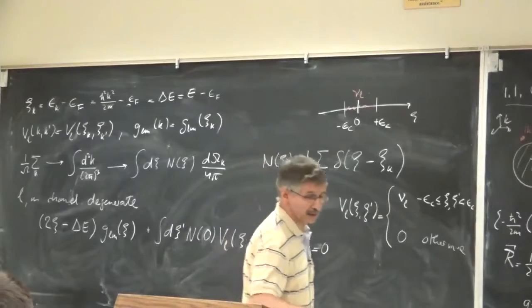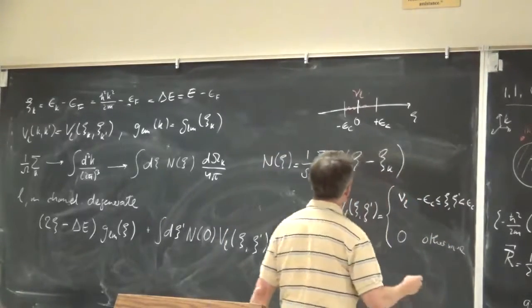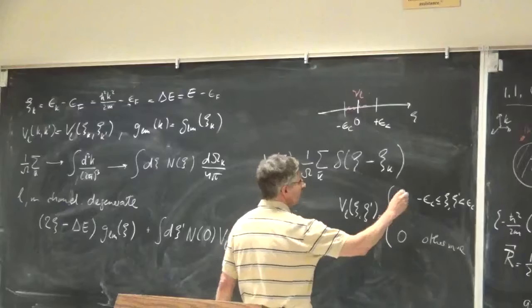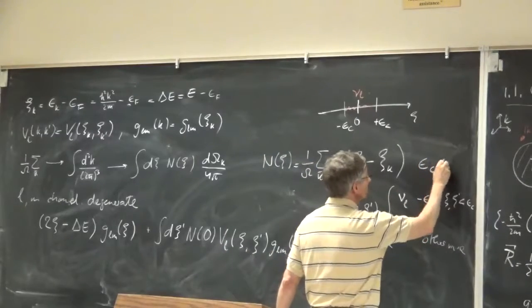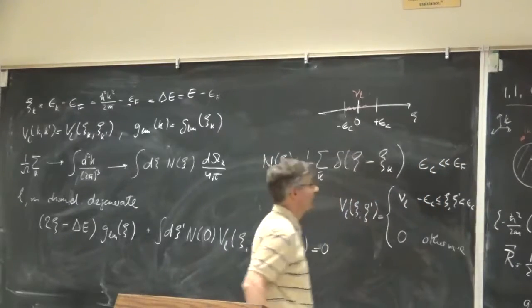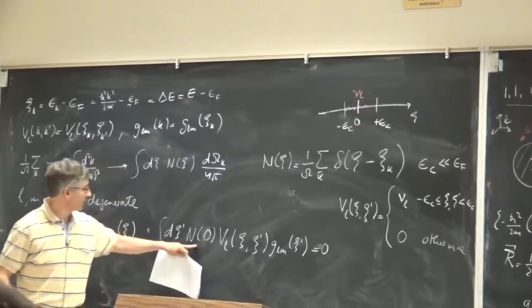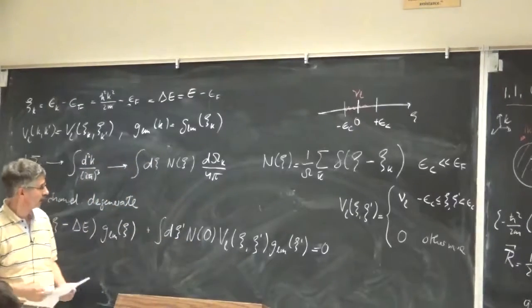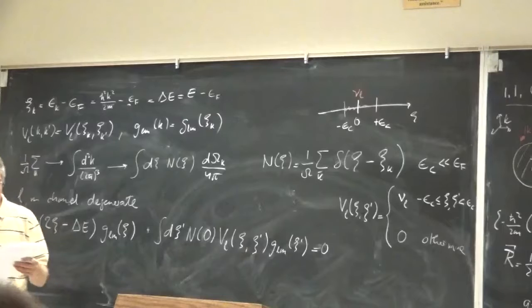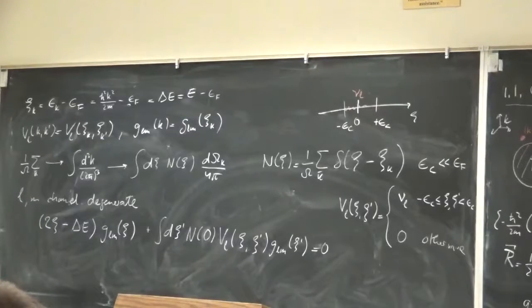And we assume that this here is much smaller than epsilon F, so that this approximation is not a strong violation, or is actually justified.